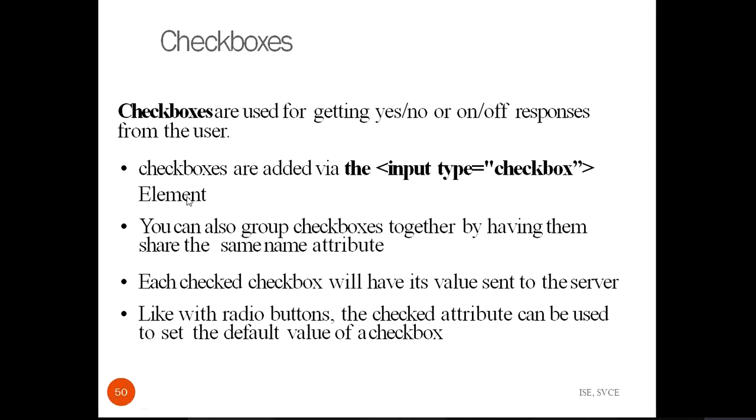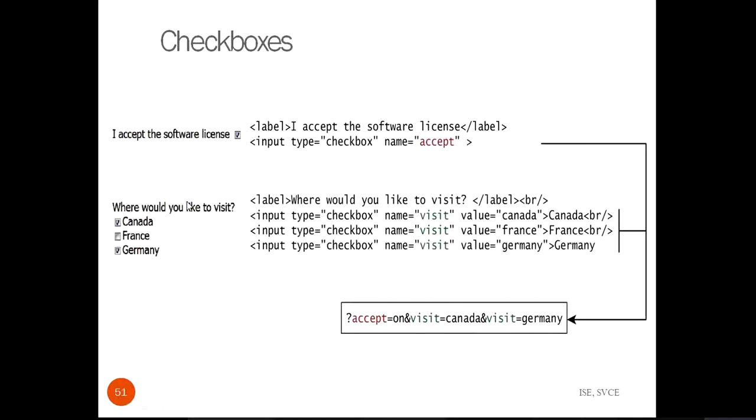Okay, so next we'll move on to checkboxes. How to use these checkboxes? They are mainly used for choosing multiple items. When you want multiple selections, we'll be using checkboxes.